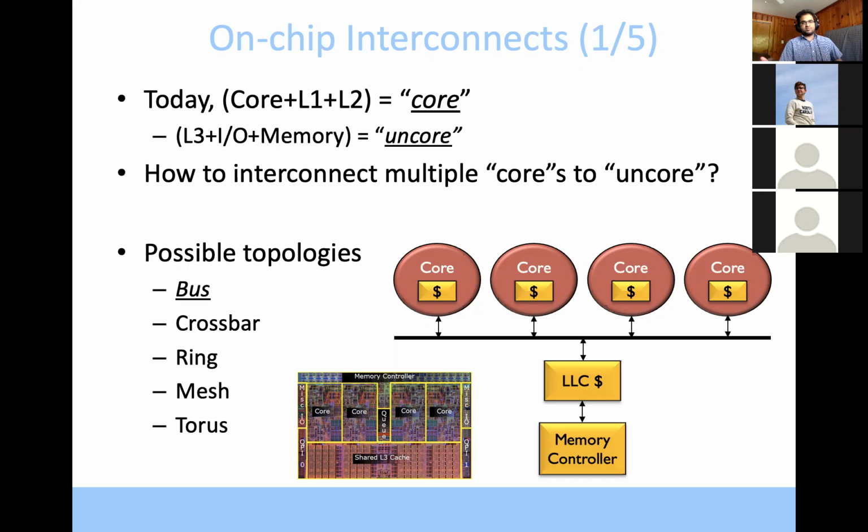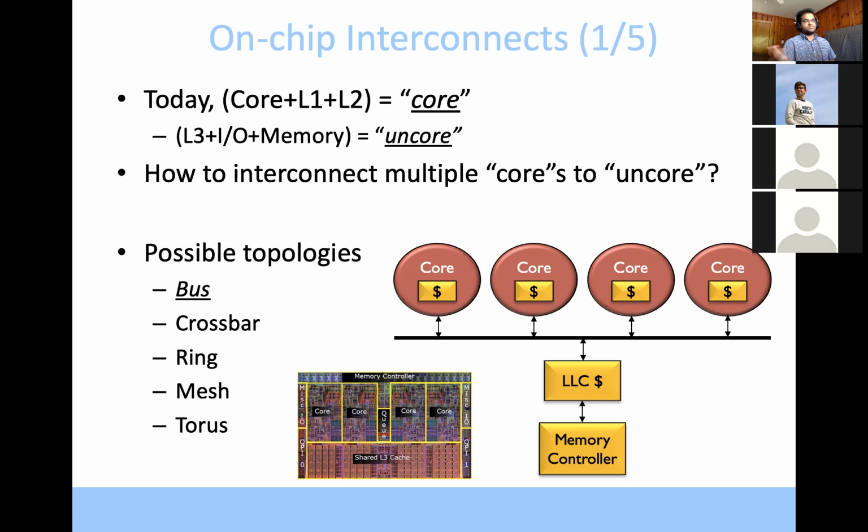So possible topologies. The simplest one is a bus. A bus is just a single shared substrate that everybody connects to, and if one core decides to use the bus, no other core can at that moment.